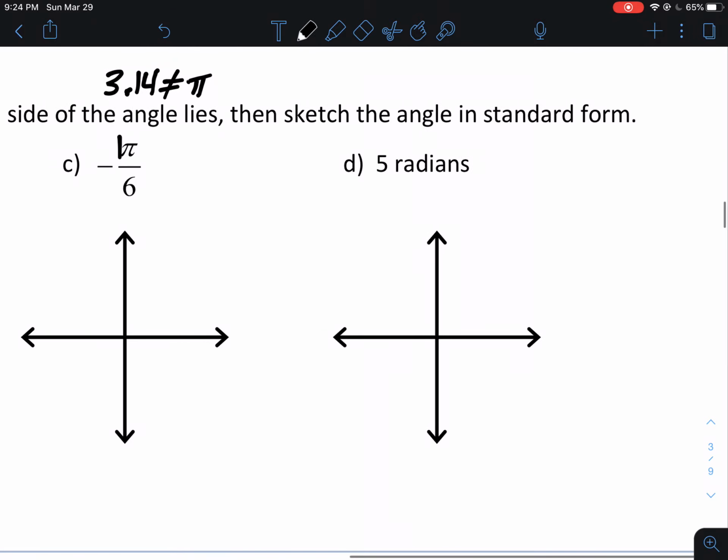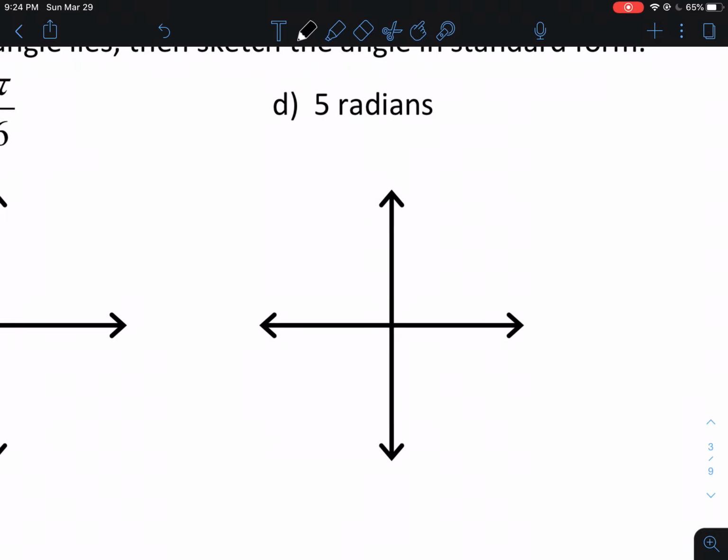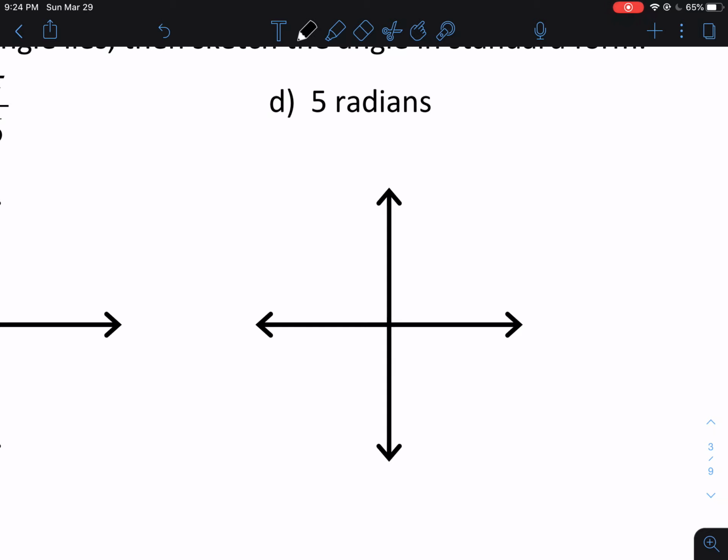So let's do D, and this will be our last one for this section of the notes. So with 5 radians, we can probably think about it this way: go all the way around the circle. That's about 2 pi radians. So as a decimal, it's 6.28 and so on radians. So halfway around would be pi radians, so 3.14 and some change radians.